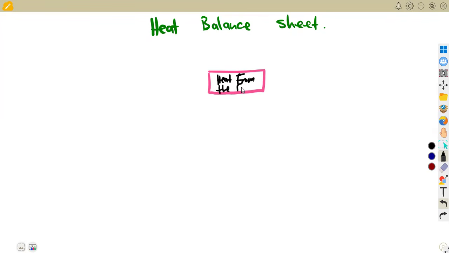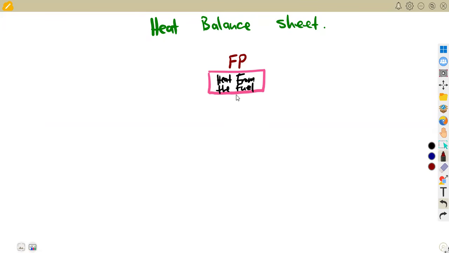We know that it's required. It is referred to as the fuel power, which we obtain from the mass times the heat value. So we have the fuel power, which is the heat from the fuel.